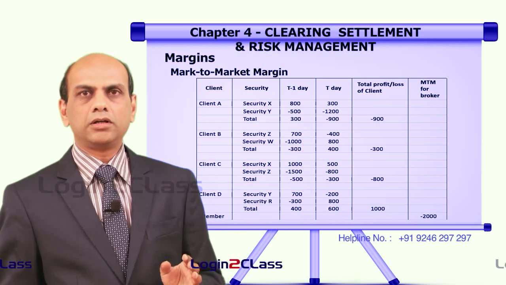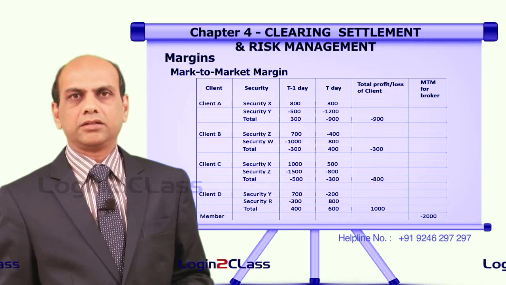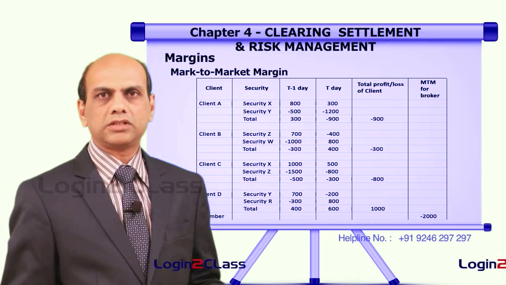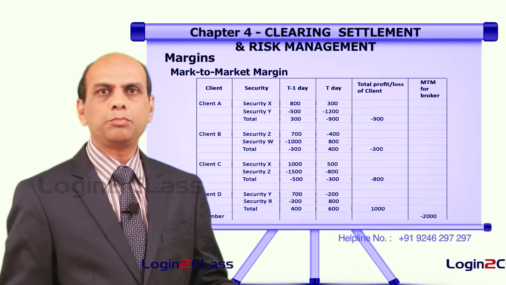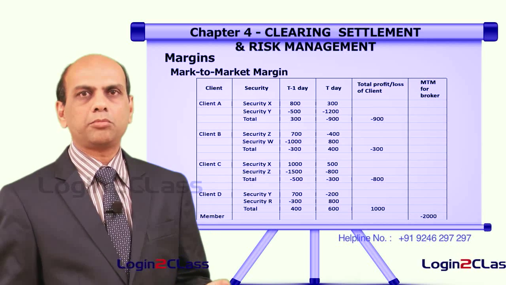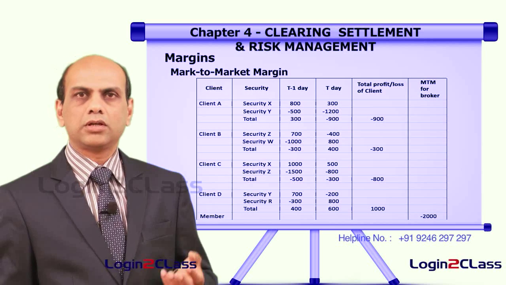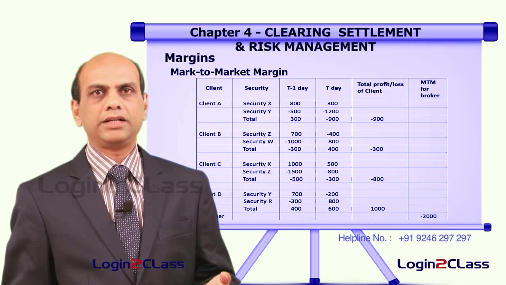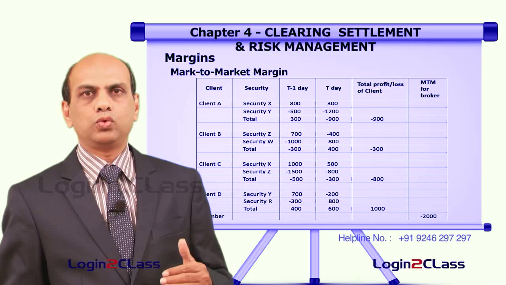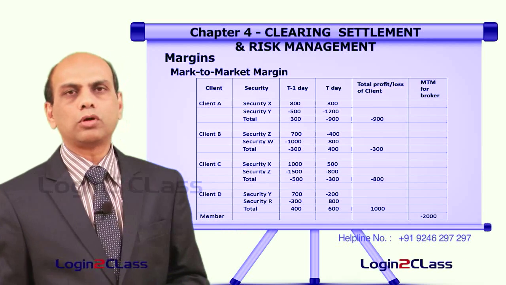calculated. However, as per the settlement date, the exact total MTM this trading member has to pay for T minus 1 day will have to be paid separately, and for T day also the MTM he has to pay to the exchange will have to be calculated separately and paid accordingly. When we total these two amounts, it is coming to 2000 rupees.